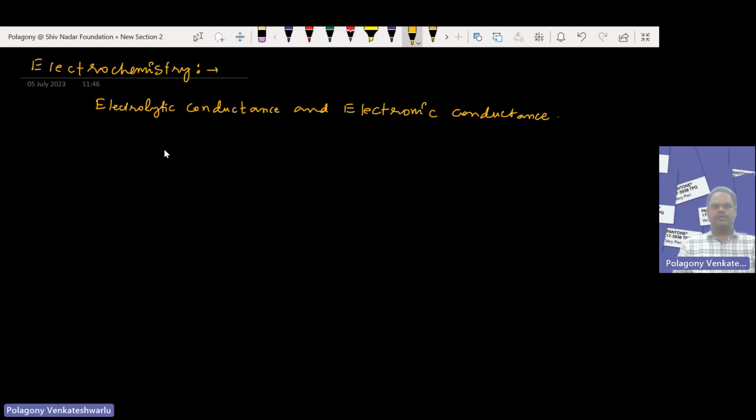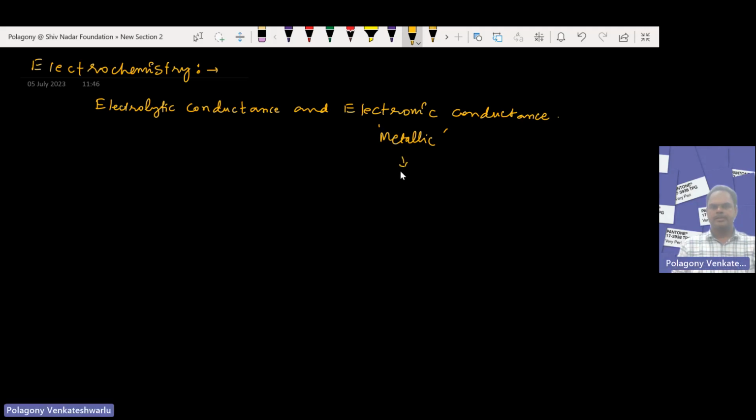In electrochemistry, we discuss two things: electrolytic conductance and electronic conductance. The electronic conductance is otherwise called metallic conductance.